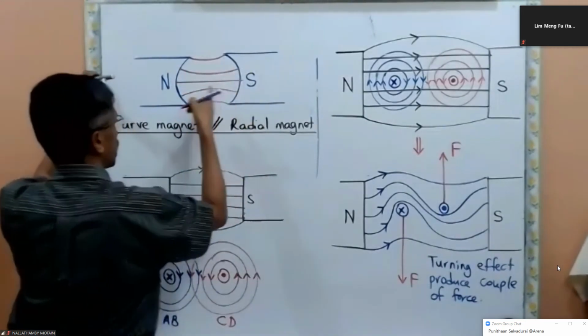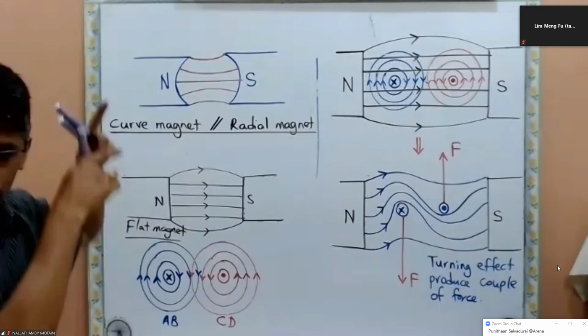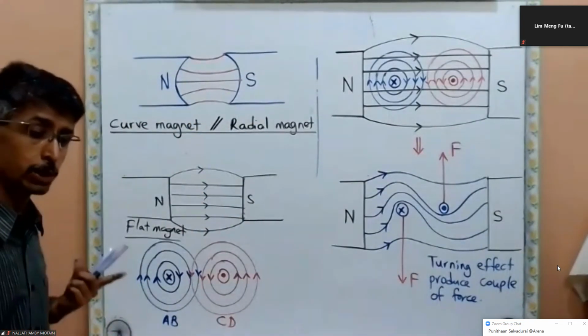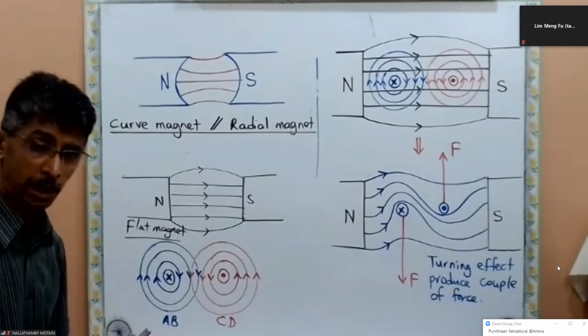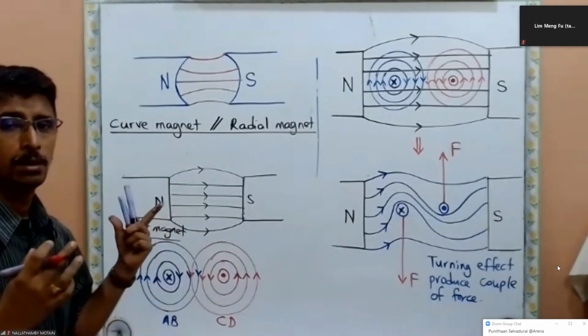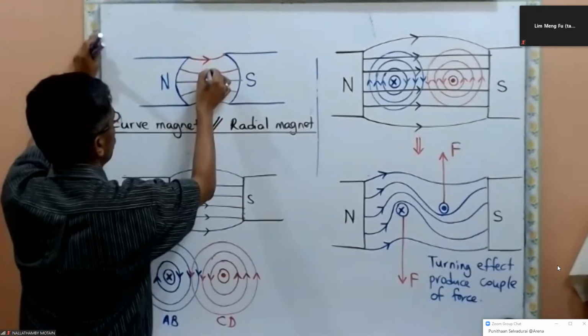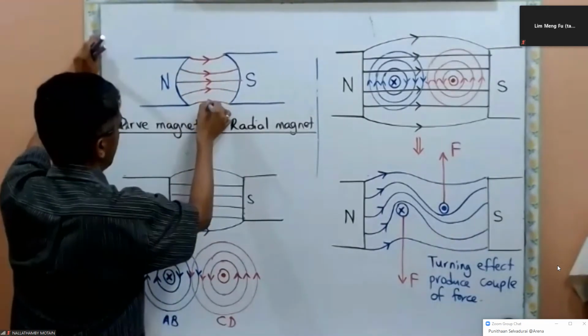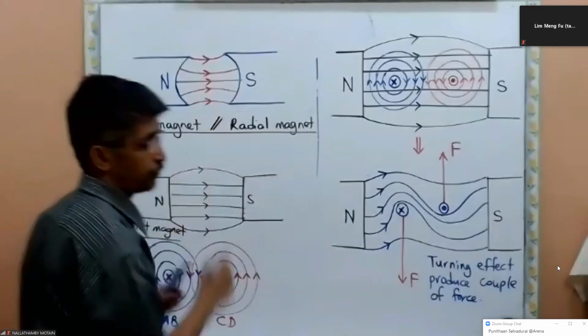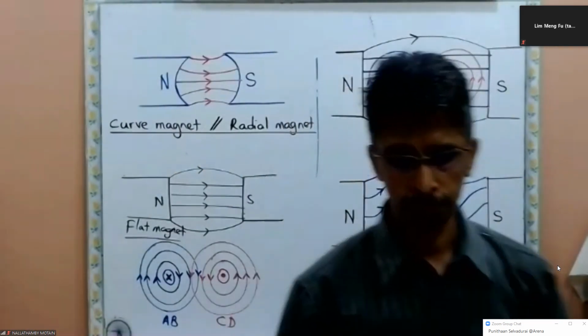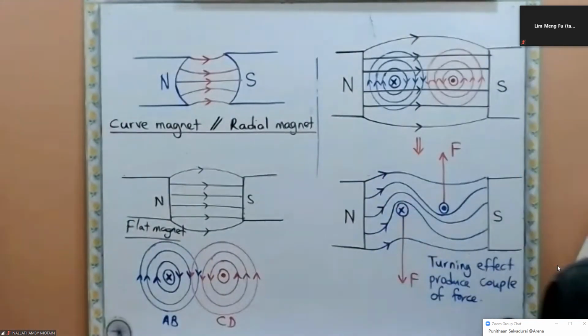Drawing like this also they can give you, but they will give the shape of the magnet, then you have to complete. Or maybe they'll ask you to draw the correct shape of the magnet, and also draw the magnetic field. So make sure that it is curved inward. And don't forget to draw the direction of the magnetic field.